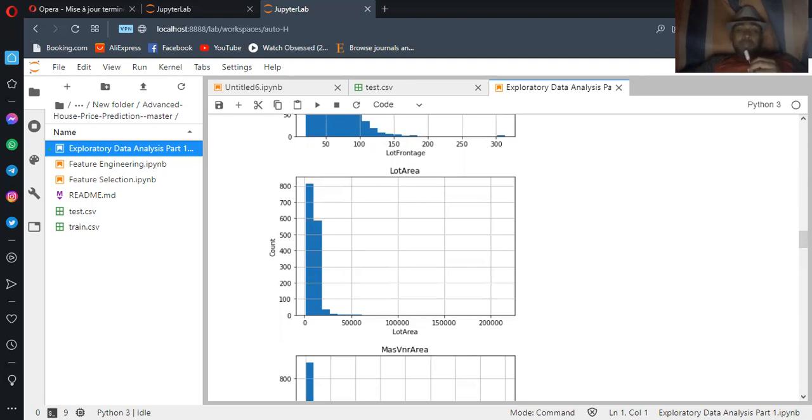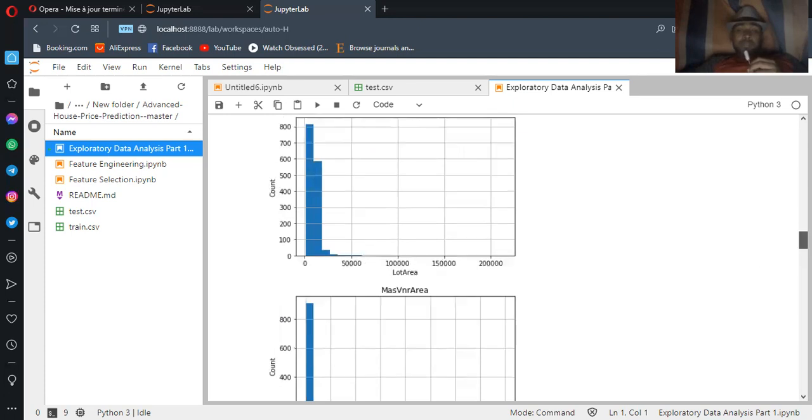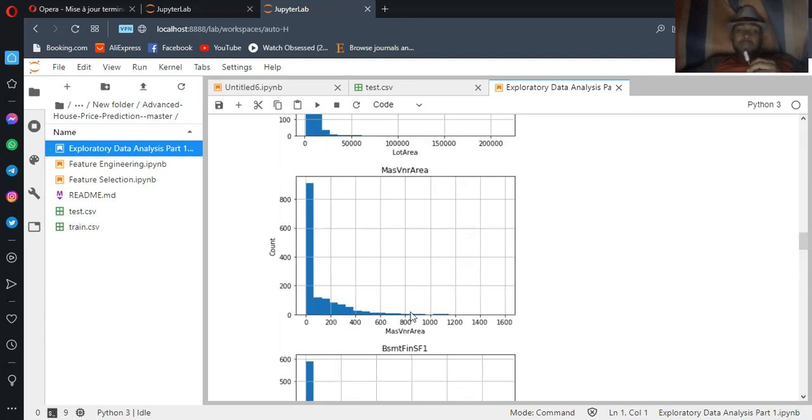Well, if we look at the other feature, it's mass veneer area. I don't know what that means. Okay, well, we are looking at data which maybe has outliers. Okay, I don't know. The most frequent data is here in these bins of zero.